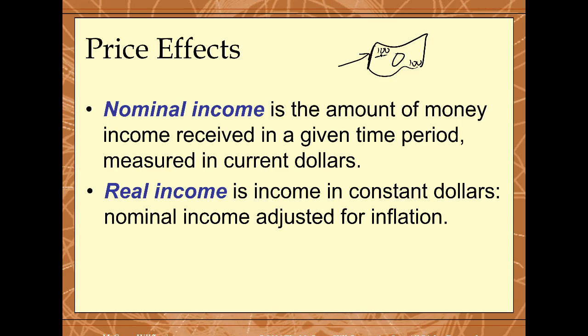If this $100 buys you more each year, in other words, you could take this $100 bill to a grocery store, and if you get more groceries for your $100, that's another way of saying your real income has increased. So real income has to do with purchasing power. Nominal income simply has to do with the number of currency units that you have.